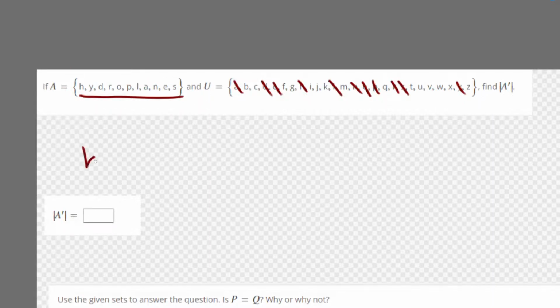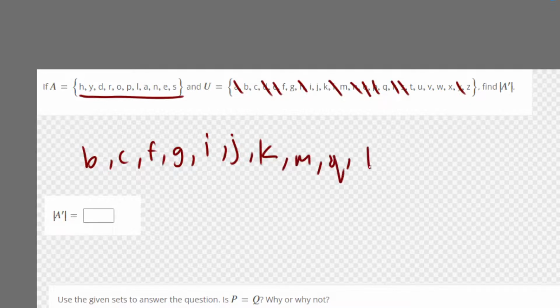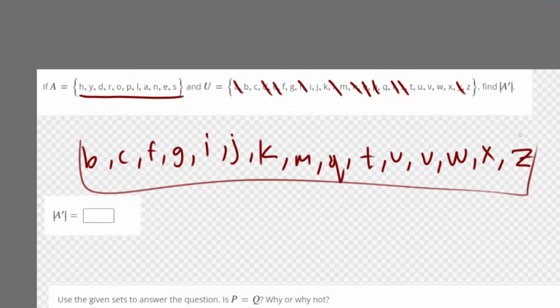So in this case, it'd be B, C, F, G, I, J, K, M, Q, T, U, V, W, X, Z. And then our cardinal number, if we counted that, is 15. So the answer for this one would be 15.